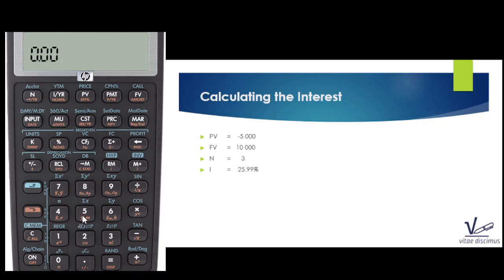In our case, we have our 5,000 as a negative cash flow, because she's actually investing. Then it's PV. Then 10,000 is the future value. Then 3 is your N. Then we compute the I. So for the investment to grow from 5,000 to 10,000 over a 3-year period, it needs to be invested at 25.99%.